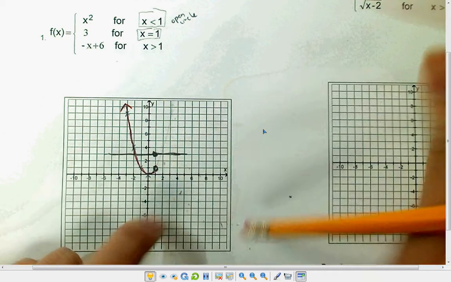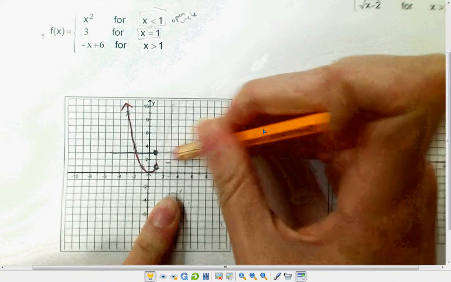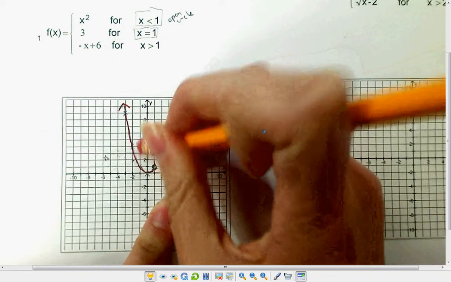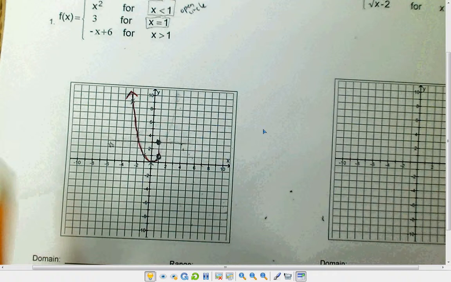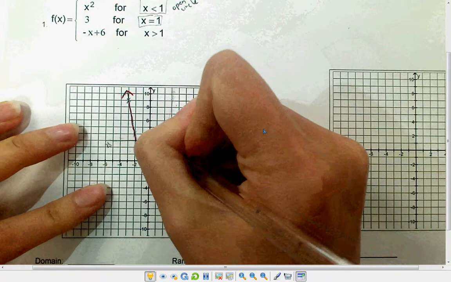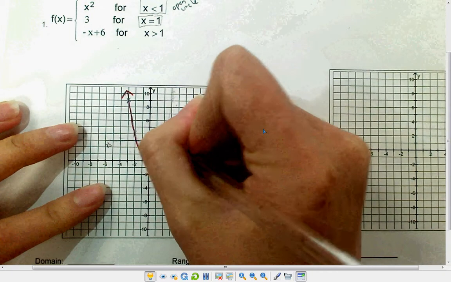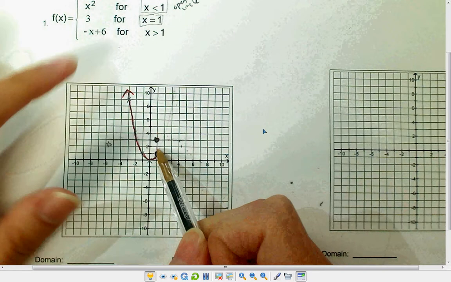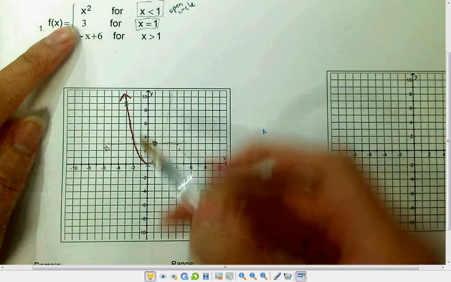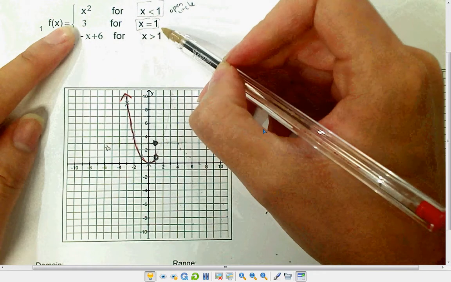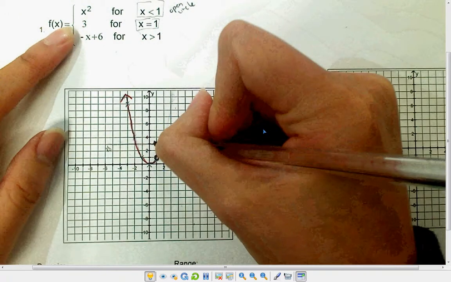On both sides, I don't care what's on the left side or the right side. All I want is 1 point at 1. So again, now I'm going to do this in pen. This is the second part of my graph. It's only 1 point because it's only at x equals 1. That's the only x value this is true for.